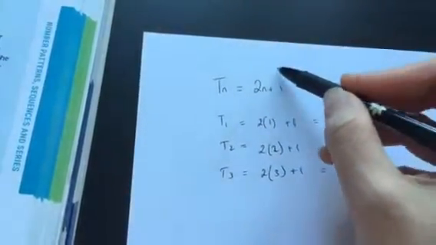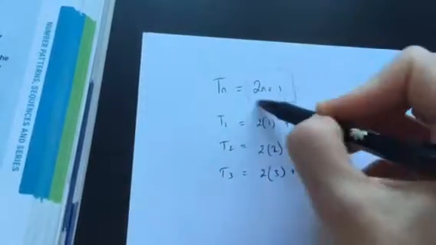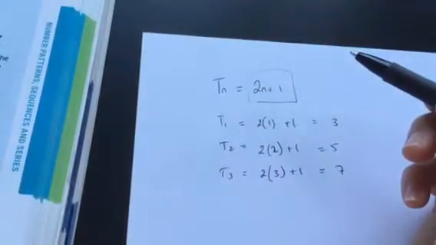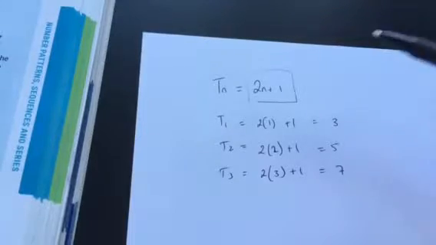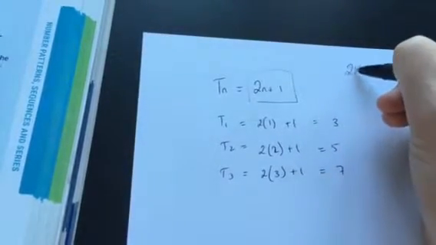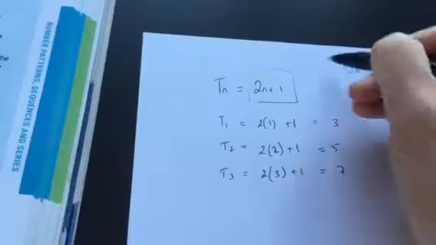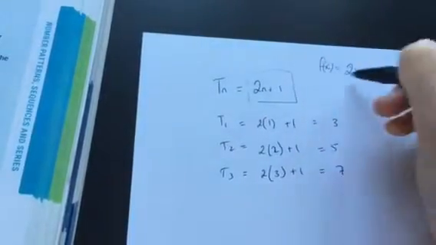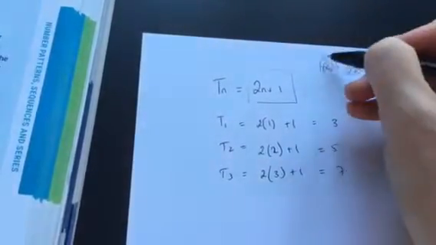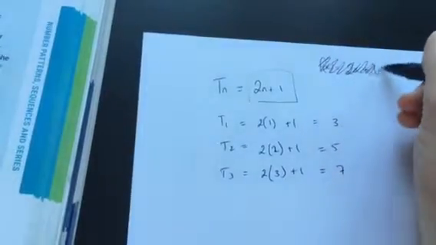Now I know it's linear maybe from looking at this, because if you link this to your functions or your algebra, if you were to graph this function, it would be a line. So it all kind of links up eventually.